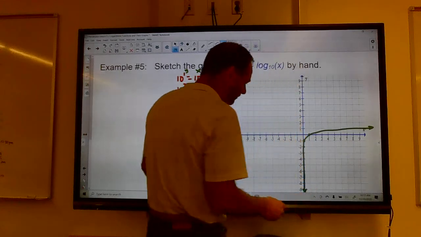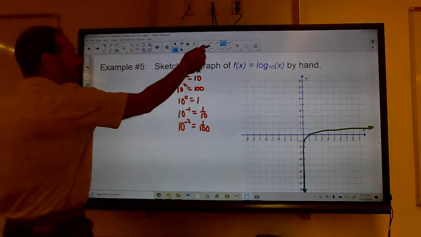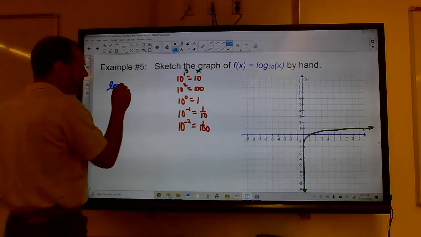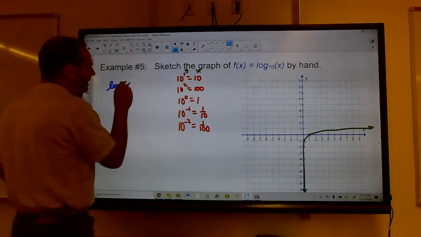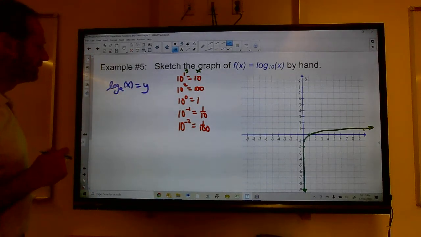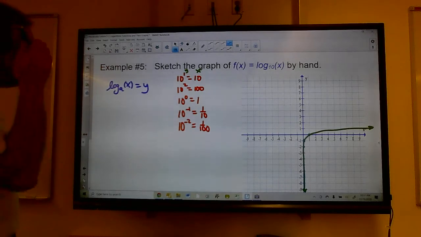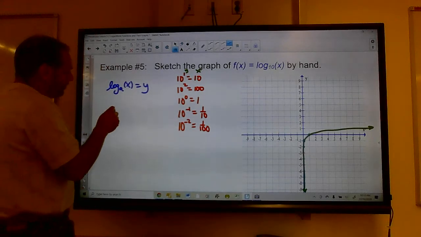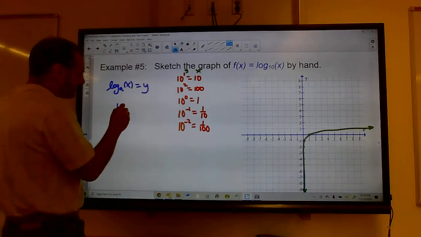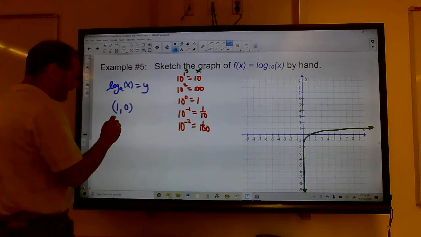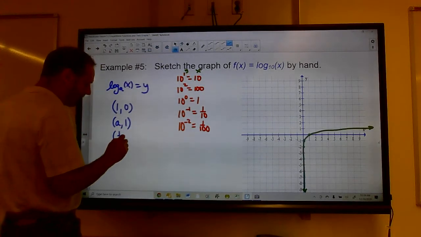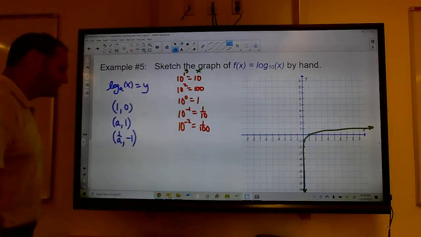And if I have log base a of x equals y, the point 1, 0 is always going to be on the graph. The point a, 1 is always going to be on the graph, and the point 1 over a, negative 1 is always going to be on the graph.